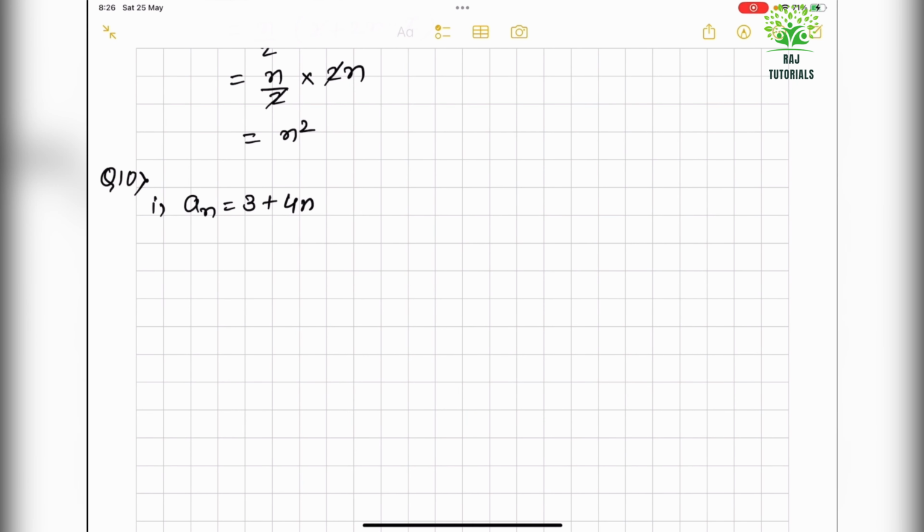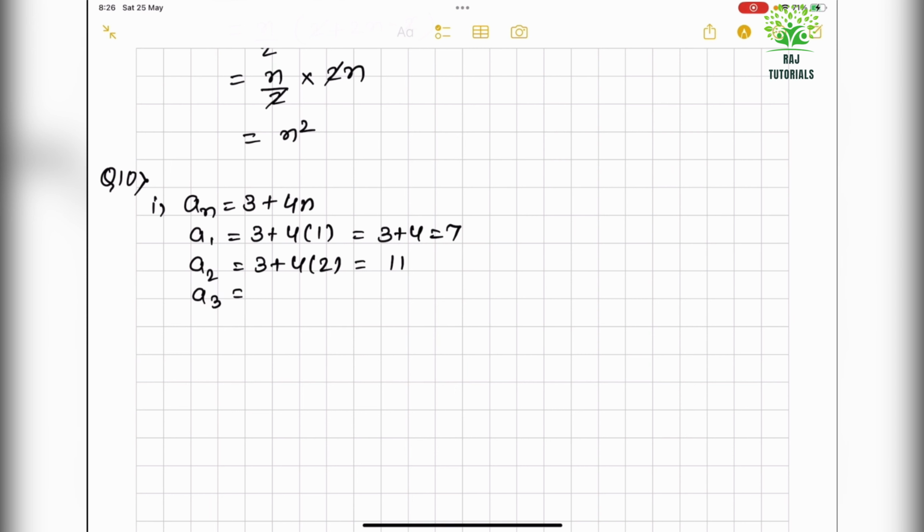Now question 10 says: show that A1, A2 till An form an AP where An is defined as An equals 3 plus 4n. So this is given. Now A1 will be 3 plus 4 into 1, that is 3 plus 4, 7. A2 will be 3 plus 4 into 2, so 8 plus 3, 11.